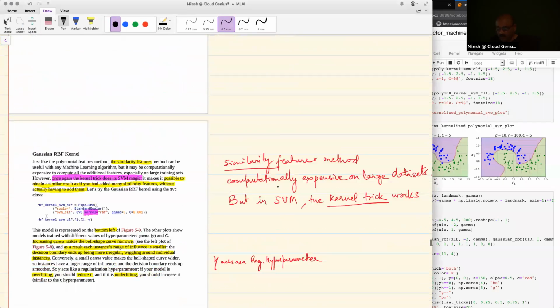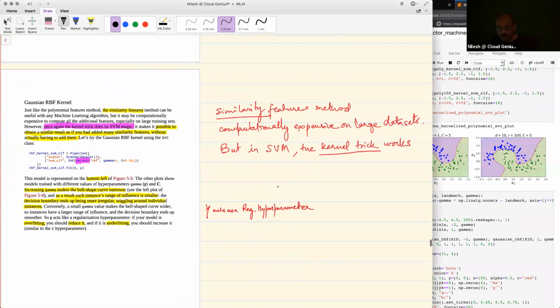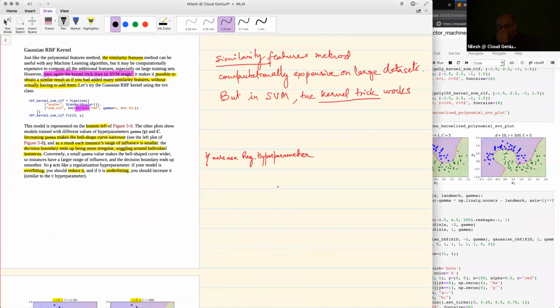So the similarity method, like we just discussed. The two methods we discussed are the squaring method and the similarity method, which is your Gaussian RBF function, that exponential math.